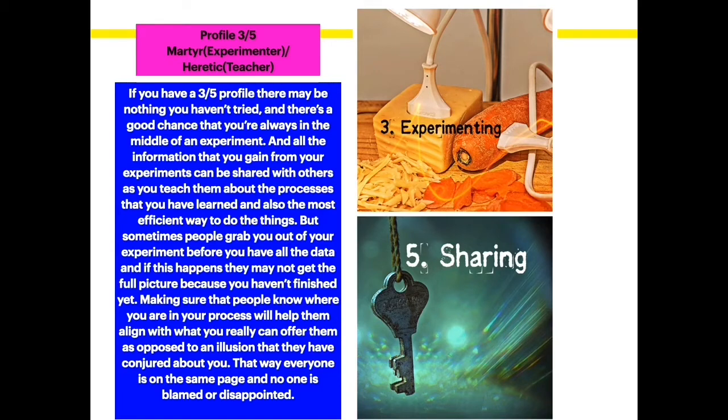And as long as somebody with a 3-5 profile is getting in the correct projection field, and when we're talking about projection field, we're talking about where you're being expected to actually deliver a certain item. The item is something you're giving off, and it has to line up with what you can give.